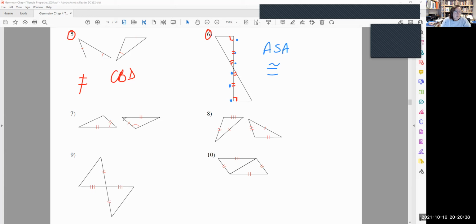Okay, so you might be noticing that they both have a congruent side. They both have another congruent side. These 2 angles are marked congruent, but I mean, they kind of obviously aren't. And then what you notice is the order is different, okay?